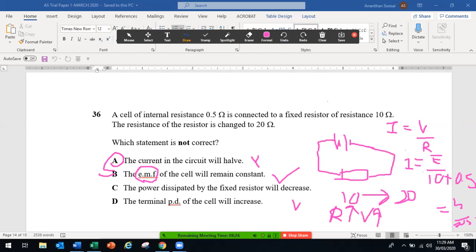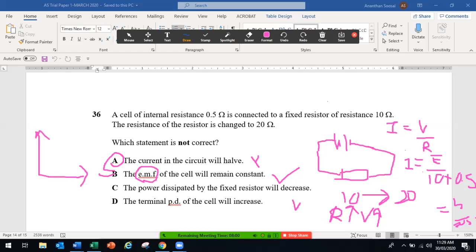Oh, sorry, it will decrease. 10 to 20, right? The power dissipated by the fixed resistor will decrease. What's the answer given?